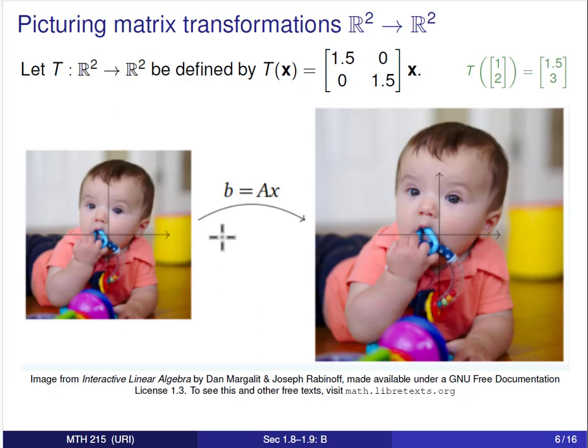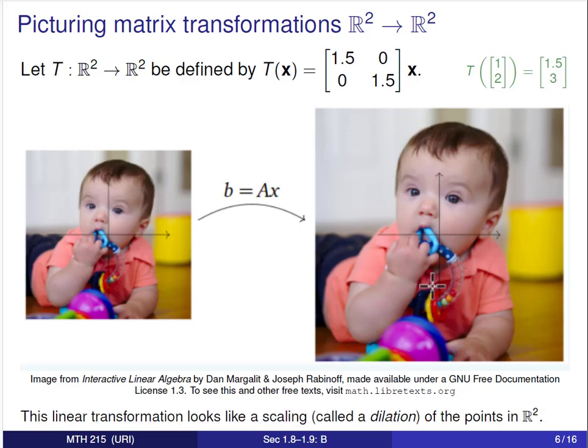Actually, every point is spread out a little bit farther from the origin. The picture looks like we've zoomed in on the photo, or we've enlarged it, scaled it. So some matrix transformations correspond to very natural actions you might do in a photo editor, like enlarging your photo.